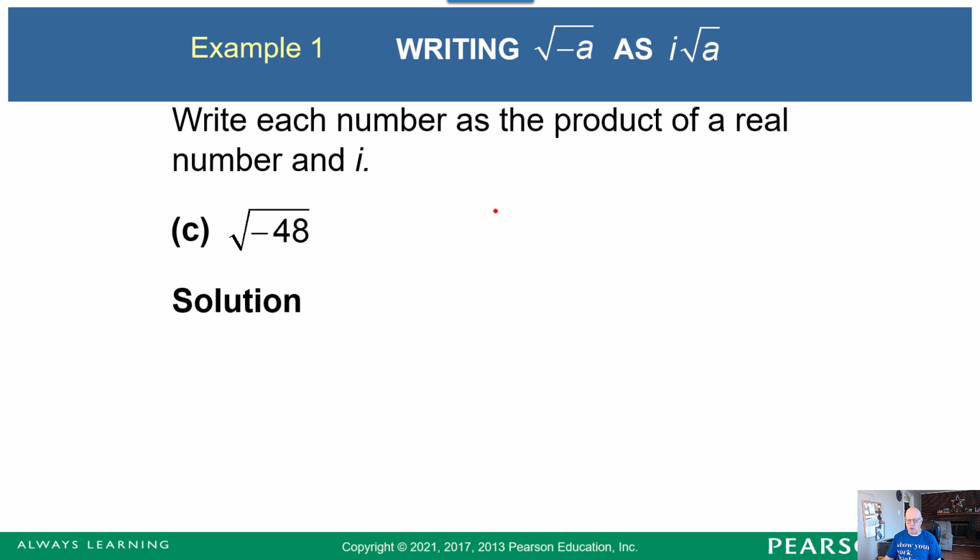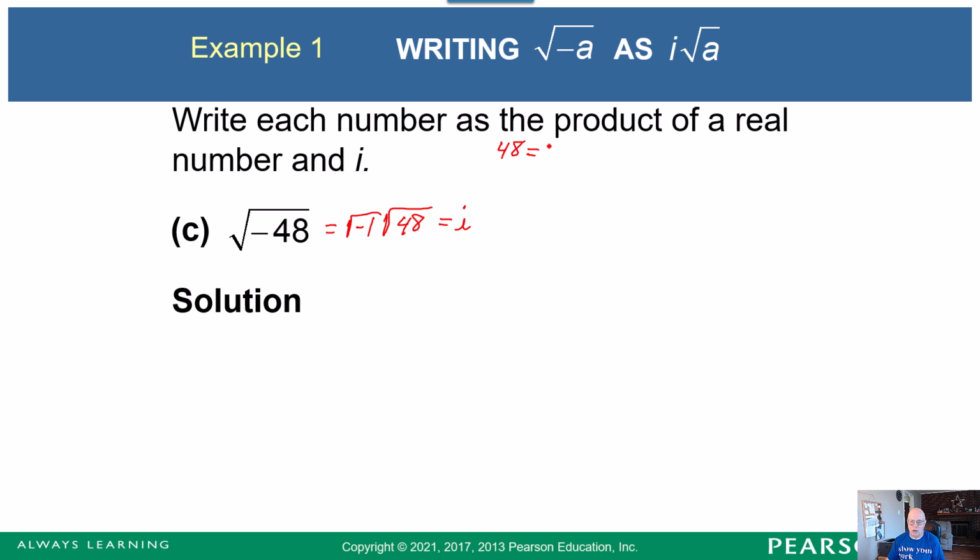As in this one. Factor out that square root of -1. We know that's going to be i. So we put an i there. Now the 48. Is there any square that divides into 48?